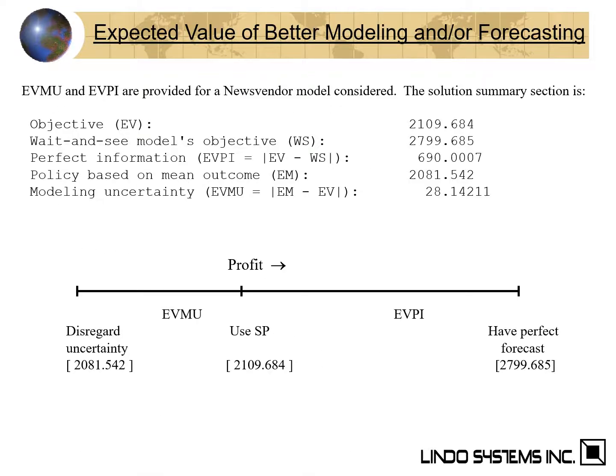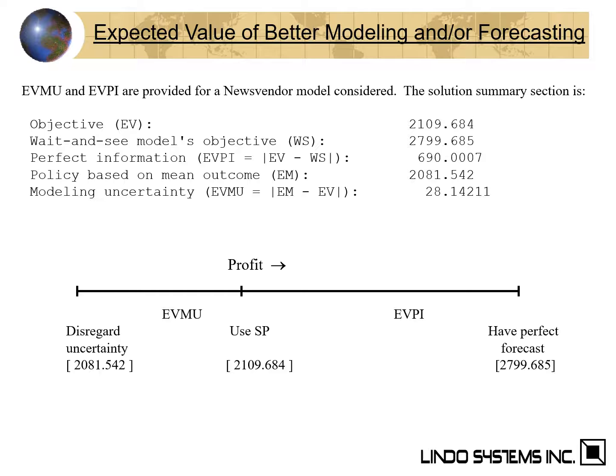Here we have a little example of the calculation of the expected value of perfect information and the expected value of modeling uncertainty. This is for a little newsboy or news vendor problem. The expected maximum profit from the optimization is 2109. If you did wait and see, which corresponds to having perfect forecasts, your profit would go way up to 2799. So the expected value of perfect information is the difference between those two.